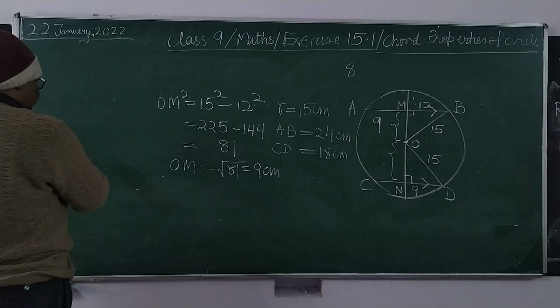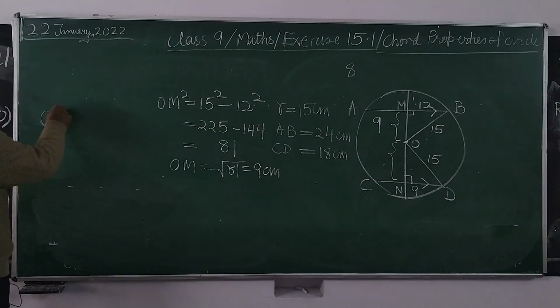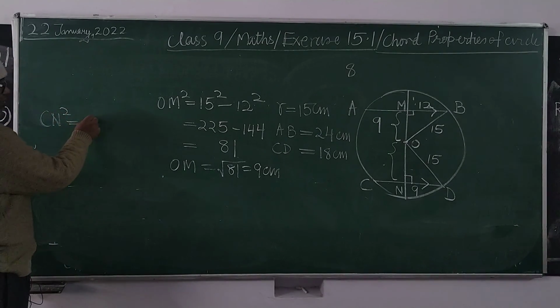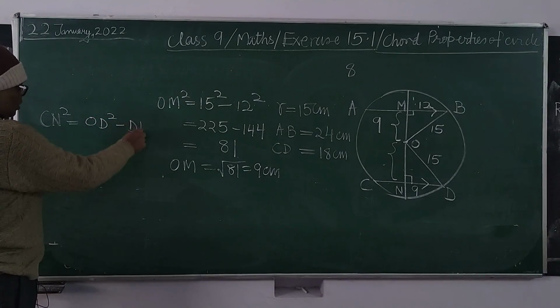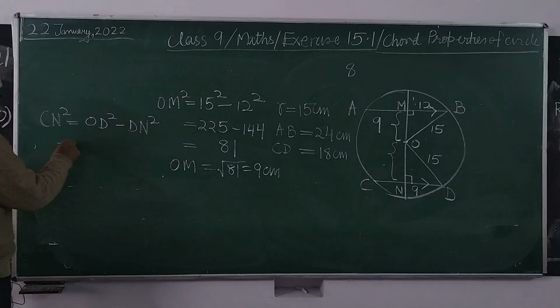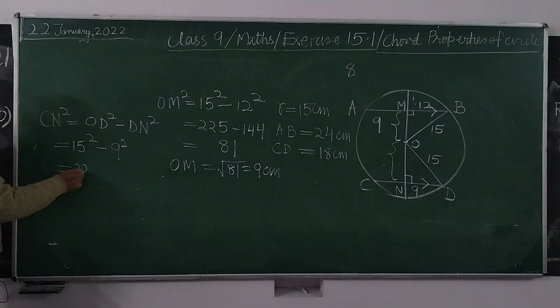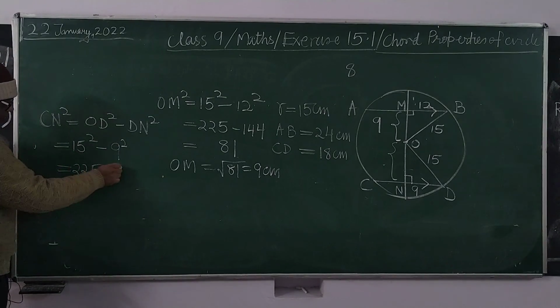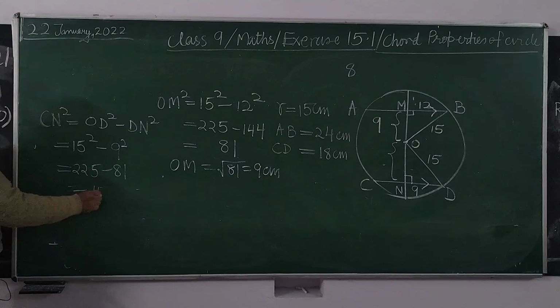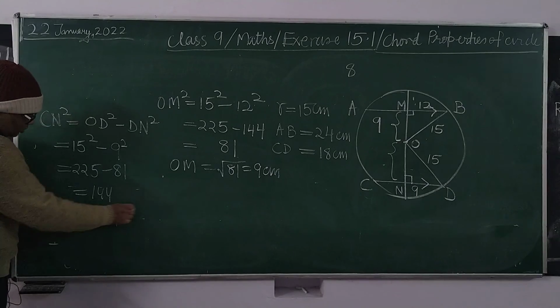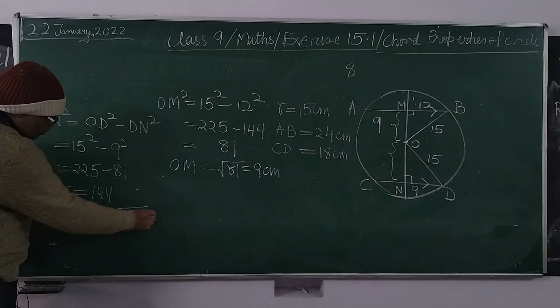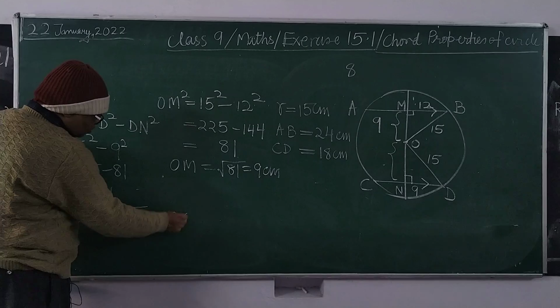CN square equals OC square minus DN square. OD square is 15 square minus 9 square, that is 225 minus 81 equals 144. So what will be CN? It is square root 144, that is 12 centimeter.